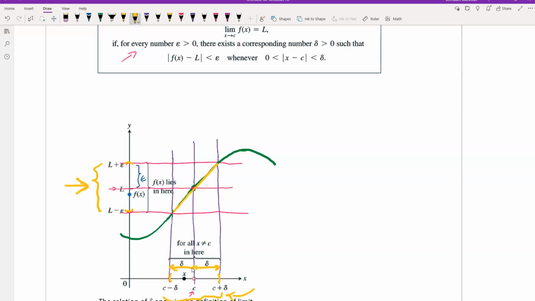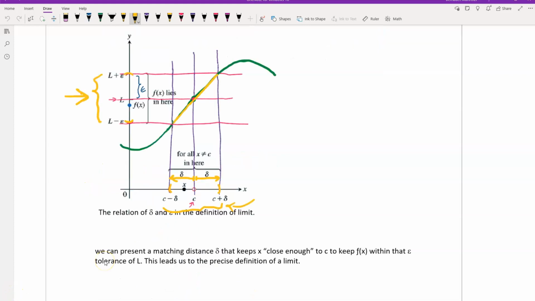That is our delta. We can present a matching distance delta that keeps x close enough to c to keep f of x within that epsilon tolerance of capital L. This leads us to the precise definition of a limit.